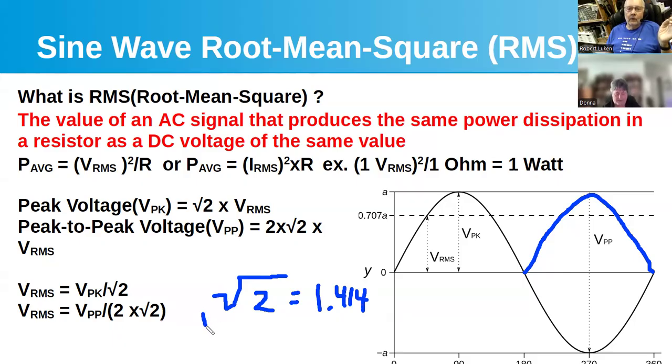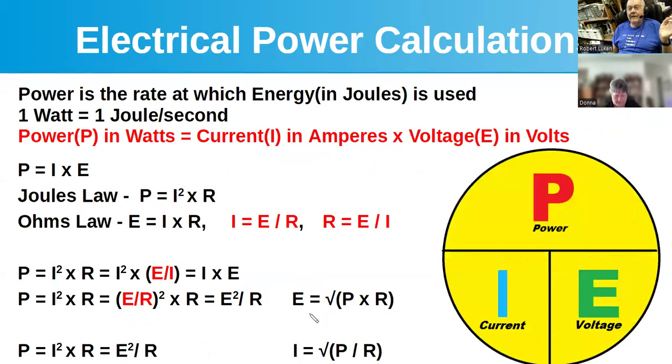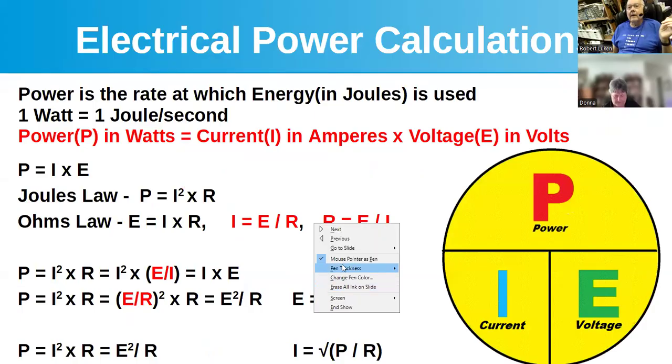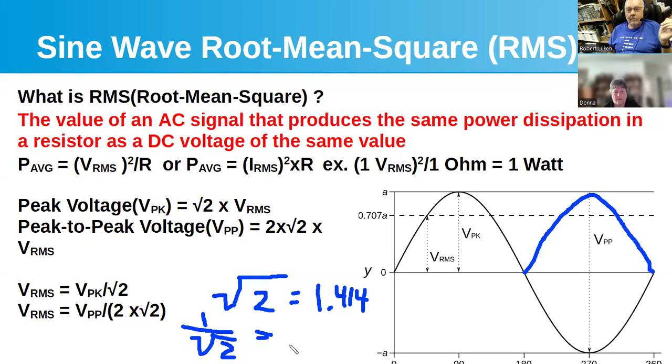The other important one is 1 over the square root of 2. 0.707. Yeah, I remember that.